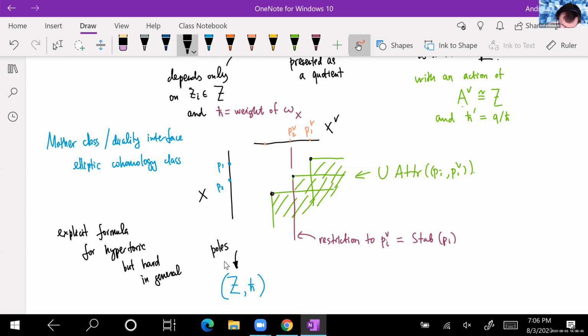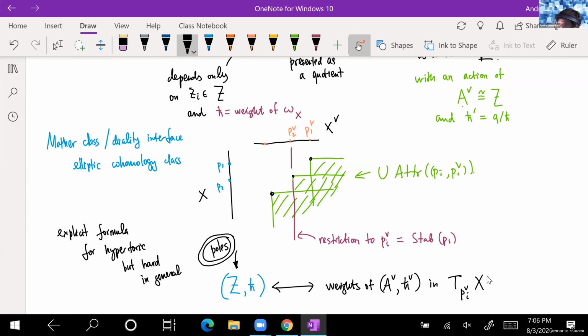So these were the poles that we didn't know what they are, and now we know that these are the same, maybe up to some correspondence. These poles correspond to the weights of A check, bar check, in the tangent spaces to X check, right? And so these poles become objects of exactly the same kind.